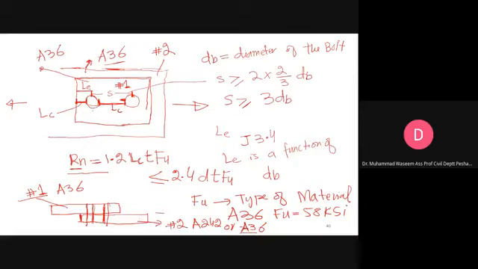If the thickness of this plate and this plate is the same, you do one round of calculation. If the thicknesses are different, then you have to do this operation twice. We will see that in an example.